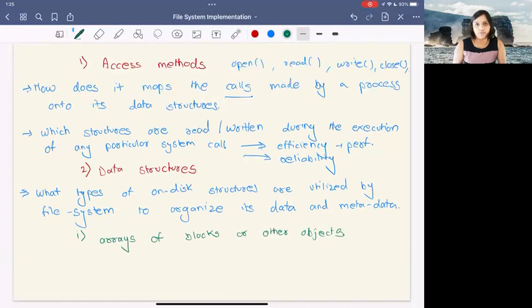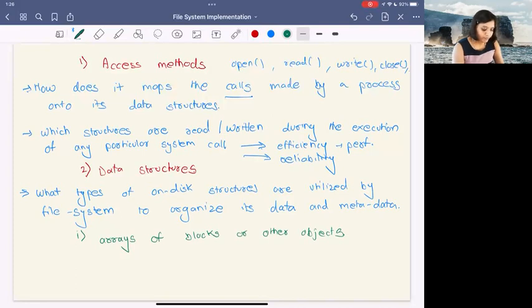Why blocks is because we know that the storage device could be visualized as just a collection of multiple blocks, where a block is the fixed size space accessible on the storage device. So we could just have a file system, and the data structure that this file system maintains is just arrays of these blocks.